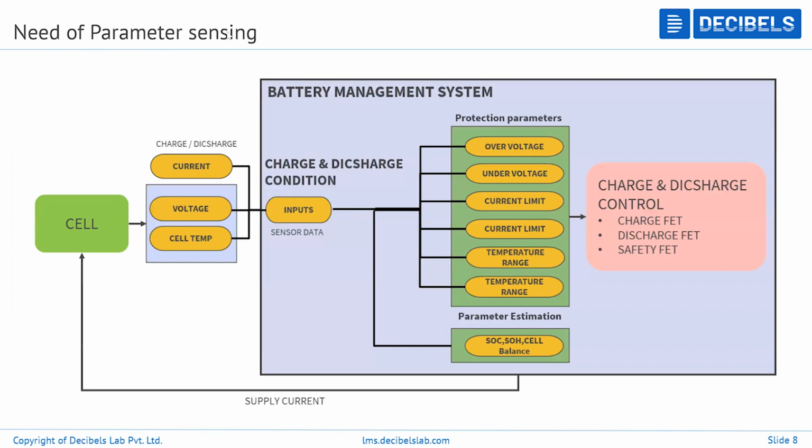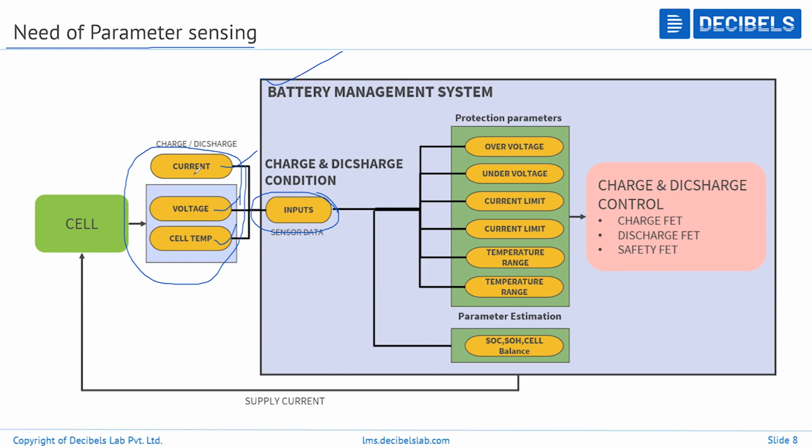Then the need of parameter sensing. As I said, when I talk about the cell, we only consider 3 values, that is current, voltage, temperature, as the inputs to your BMS. These inputs we get from the battery itself.